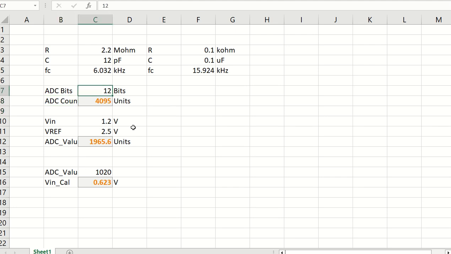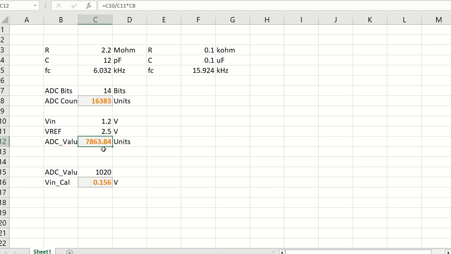If you have, let us say, a 14-bit ADC, then the total number of counts will be 16,383 units. Let us say you have an analog input of 1.2 volt and a reference voltage of 2.5 volt for the ADC. The corresponding ADC value that will be read by the ADC converter is 7,863. Around that, 1 or 2 units up or down it will be because of errors.